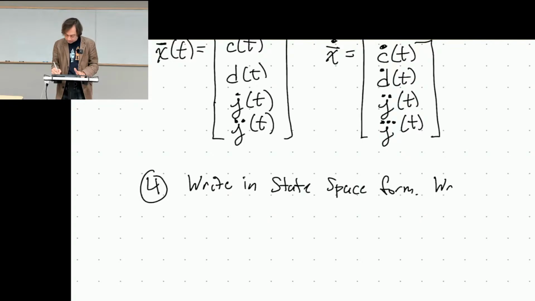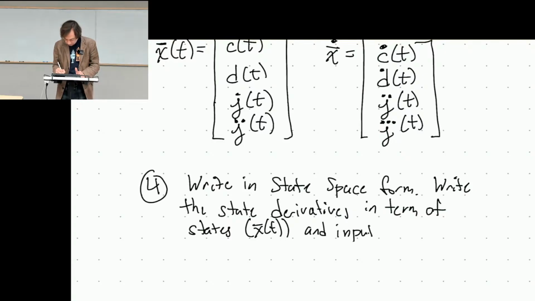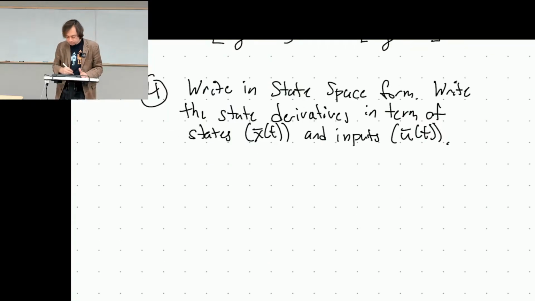Specifically, you need to write the state derivatives in terms of states x of t and inputs u of t. Because this is the state space form that you want. X dot is equal to f of x of t, u of t.